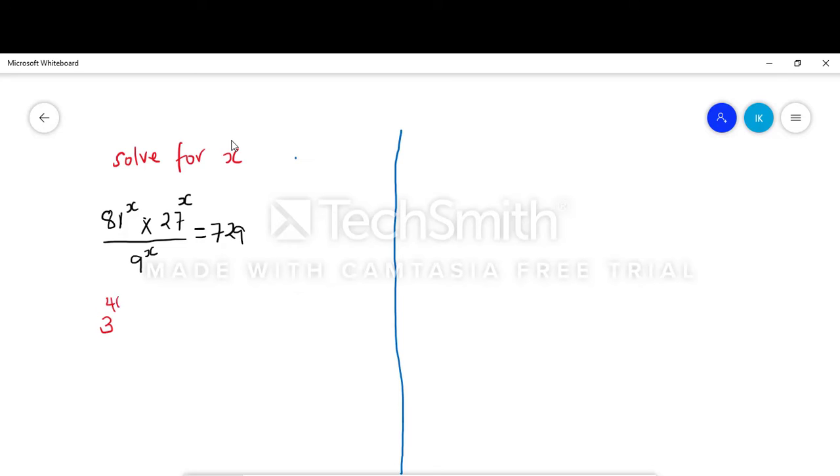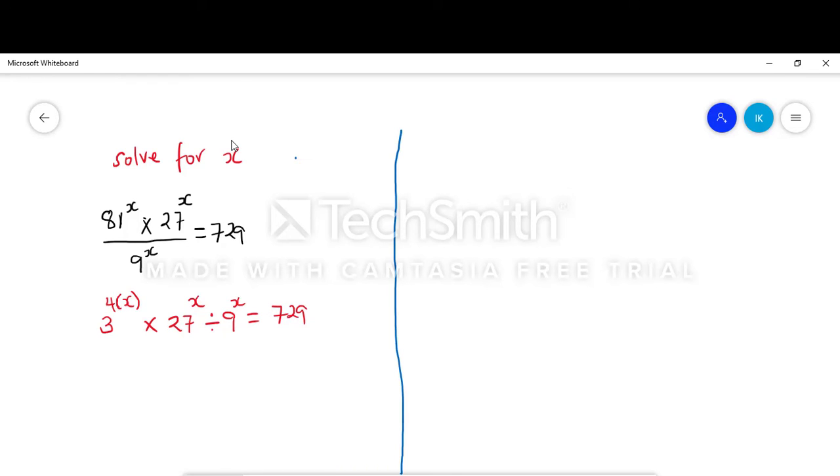And you also make sure that the previous power remains there, multiplied by 27 to the power of x, divided by 9 to the power of x, is equal to 729.